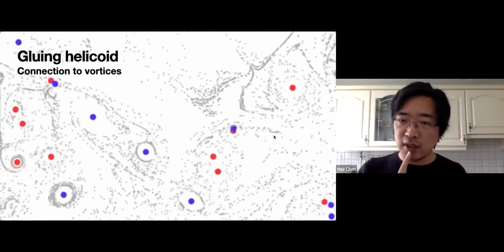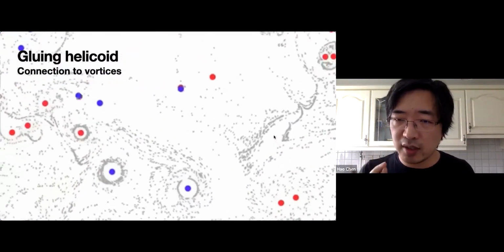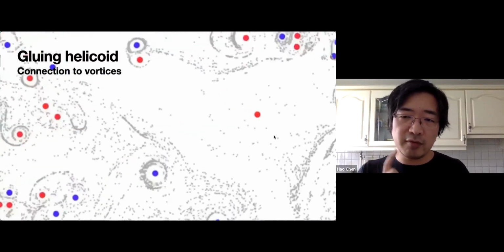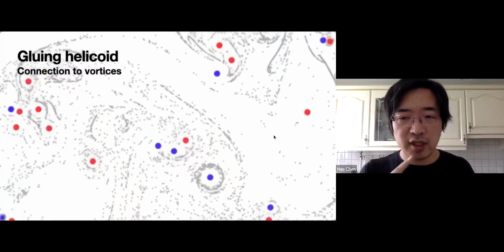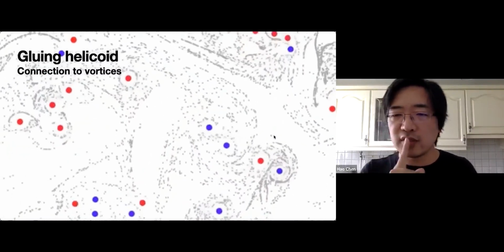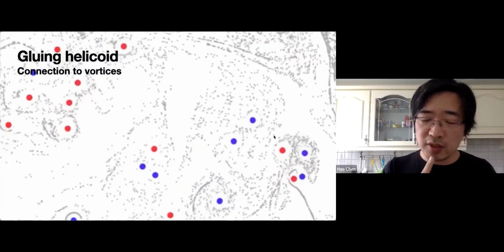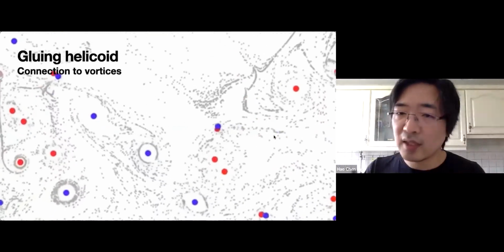Our recent work, to be honest, is not a big progress in the construction technique, but it is about a very surprising interdisciplinary connection. Here you are looking at point vortices in two-dimensional inviscid and incompressible fluids.